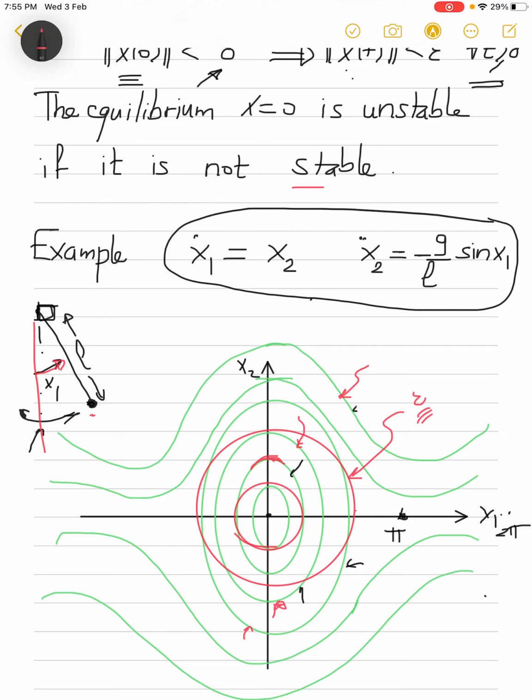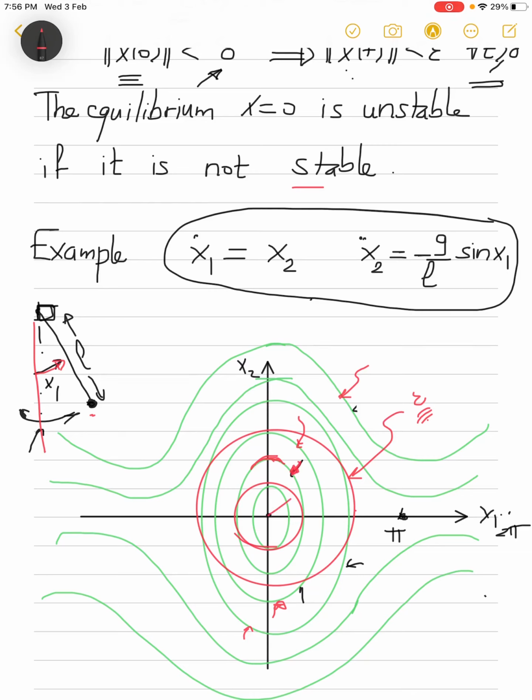So we take the biggest trajectory that will be confined within the ball of radius epsilon, and then we determine the radius delta such that it corresponds to the minor axis of the largest trajectory within the ball of radius epsilon. In that case, it would be the curve that I'm pointing to here.